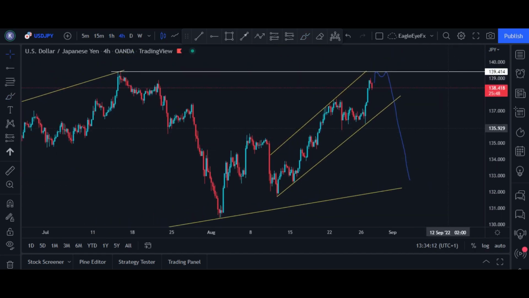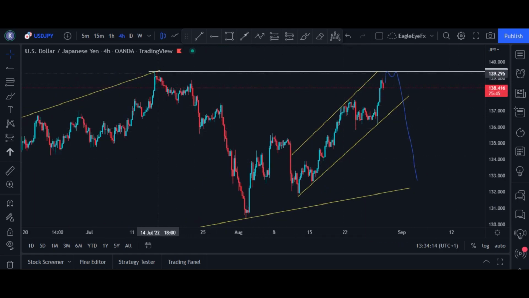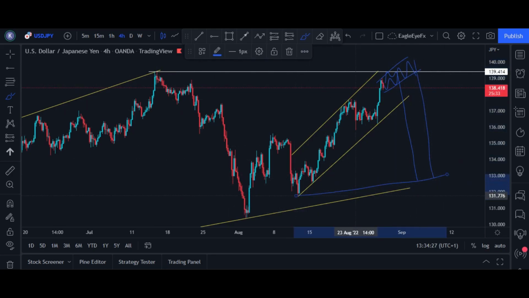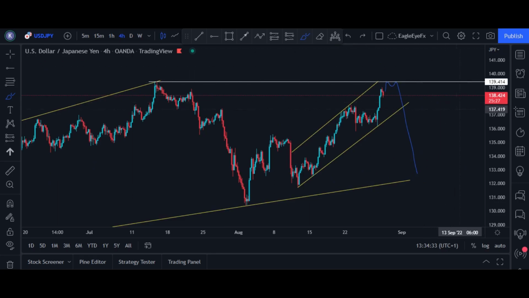So my anticipation is that I'm looking for this market to come and test this level over here. That's the reason I've done this. I'm looking for the market to give me a clear sell structure, then I'll sell it off all the way to this level over here, which could be my first target before I decide to hold it to the downside. You can see that it has not yet fully confirmed.